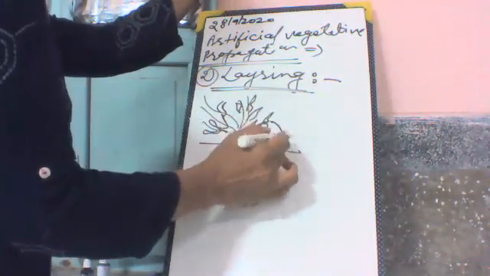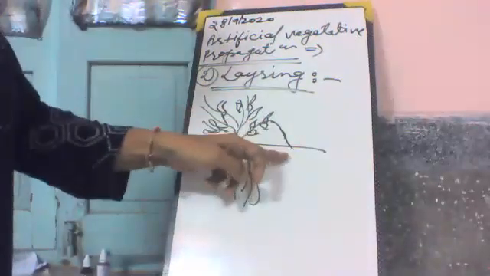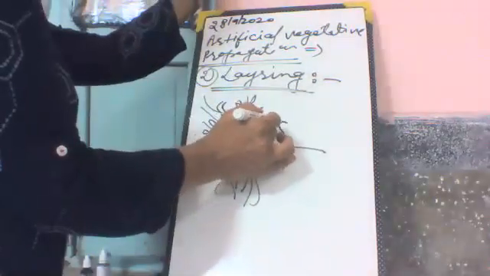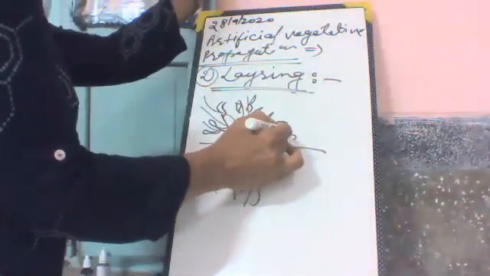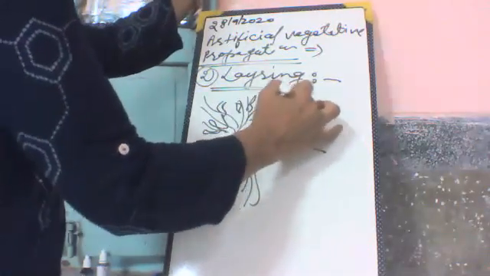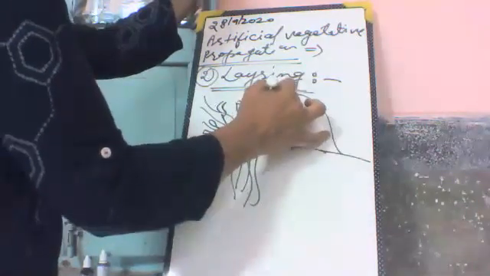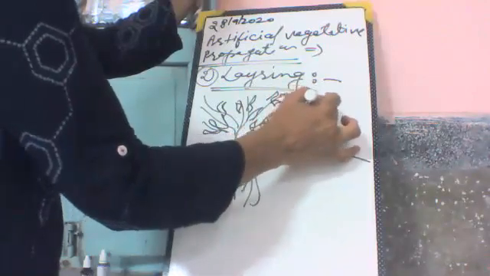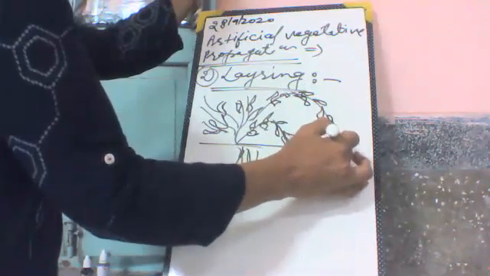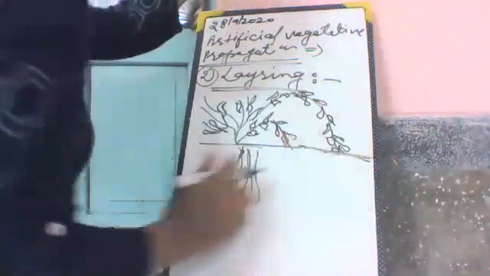Its lower branch is bent and moved towards the ground with an axillary bud. See what happened here? The branch is deep in the soil.